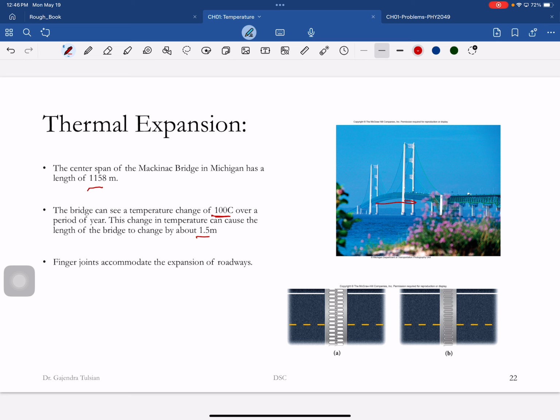And so if it was one single span, its length would increase by 1.5 meters, which is your height. So those expansion gaps have to add up to 1.5 meters. If you didn't have any expansion gap and it was one solid piece, you would have to accommodate for that at the end. So here are the gaps in the winter, and there it is in the summer.